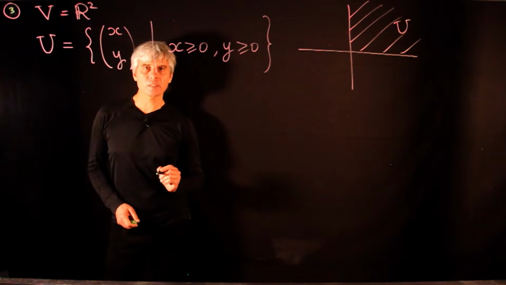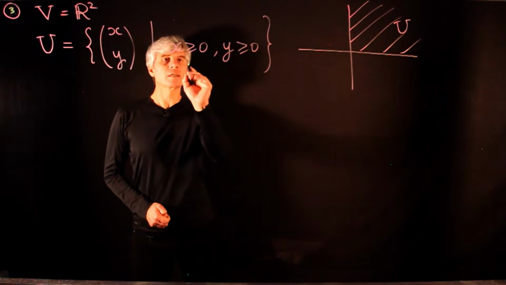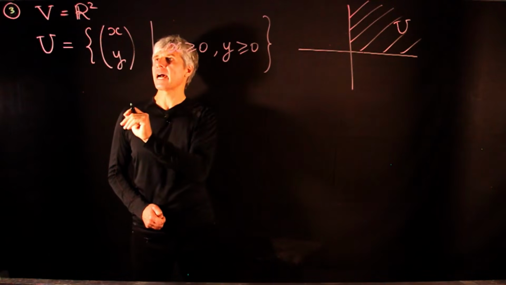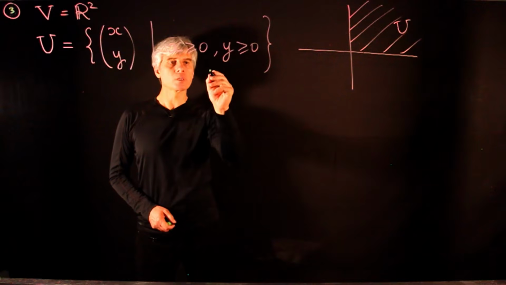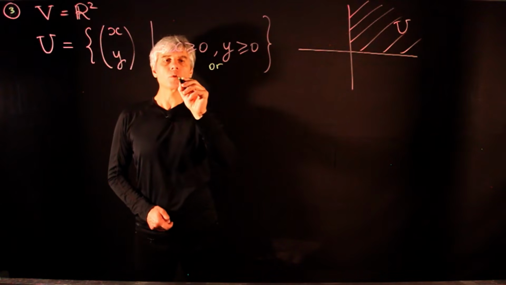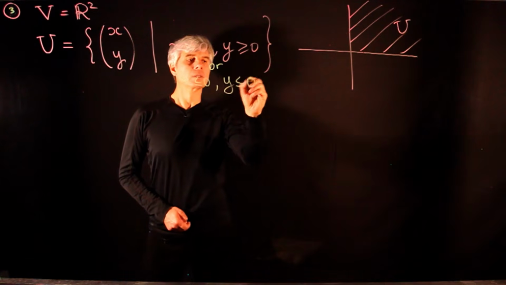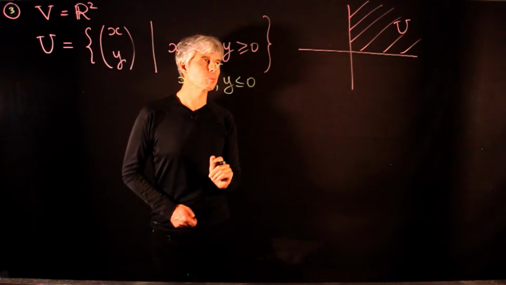Let us try to fix the previous example. So let's now make a larger set where we take vectors on a plane that have either non-negative components or non-positive components. This means that either both are non-negative or both are non-positive.